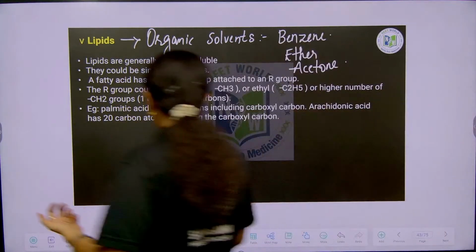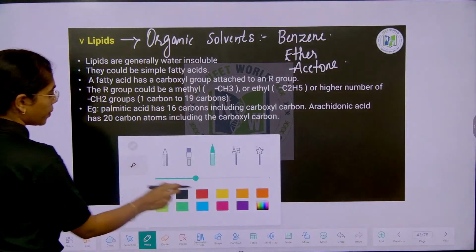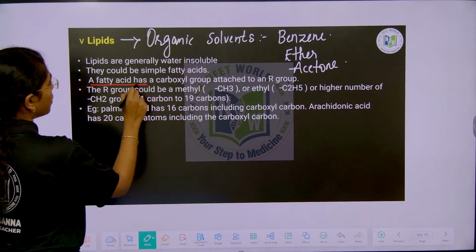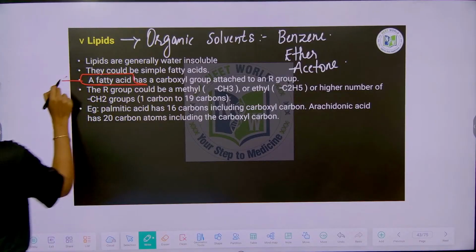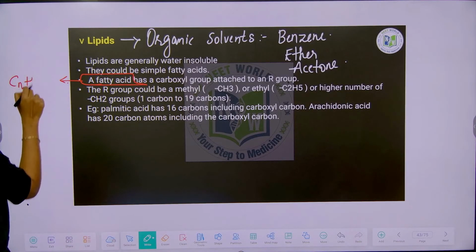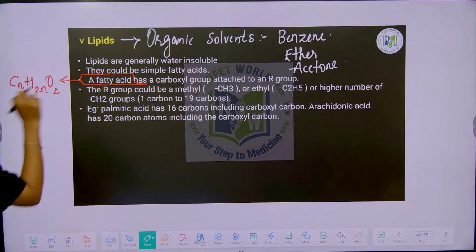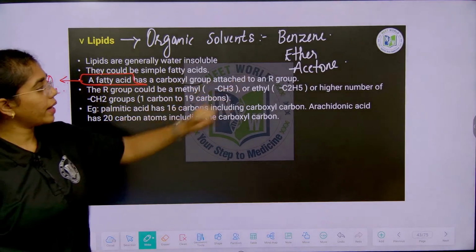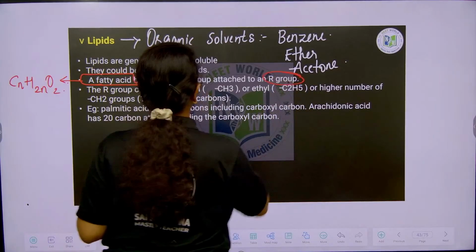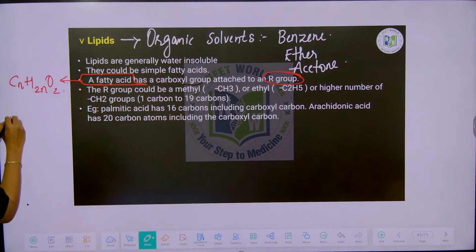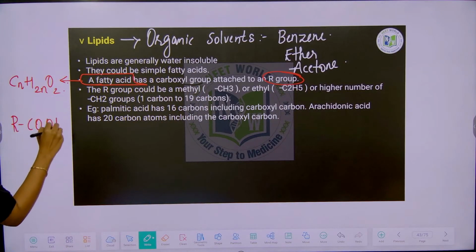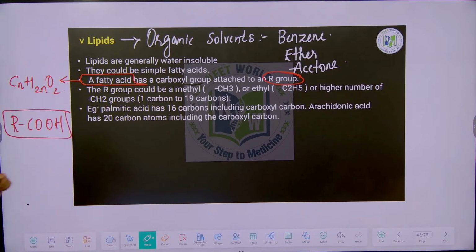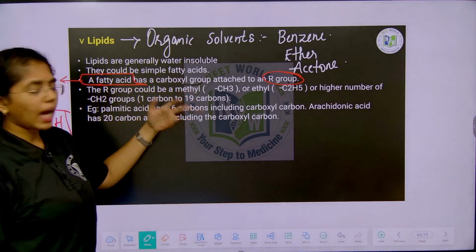The general formula of fatty acid can be CnH2nO2. It has a carboxyl group and an R group, like this. The R group can be anything.